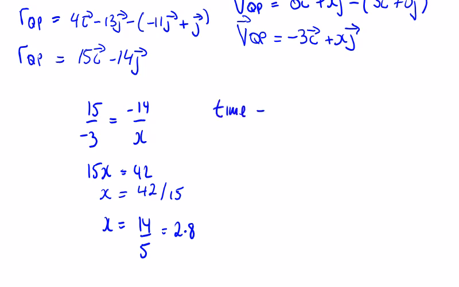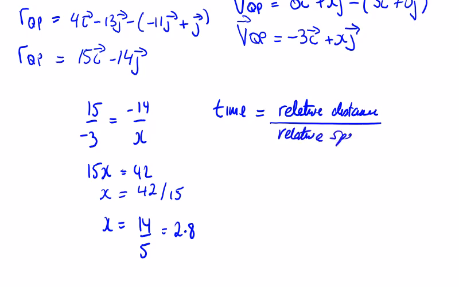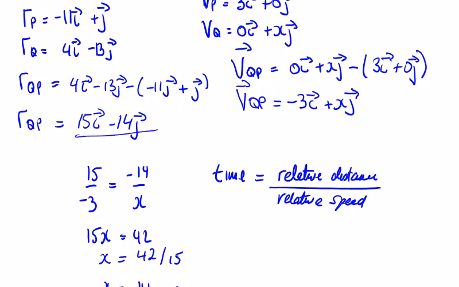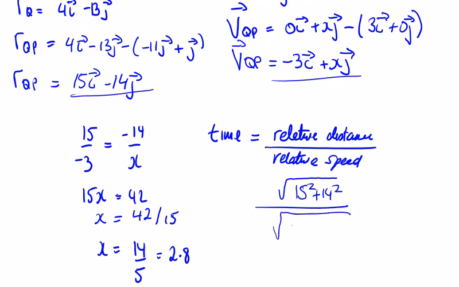So the time is going to be the relative distance over the relative speed. So you have my 15 and my 14 over my 3 and my x.